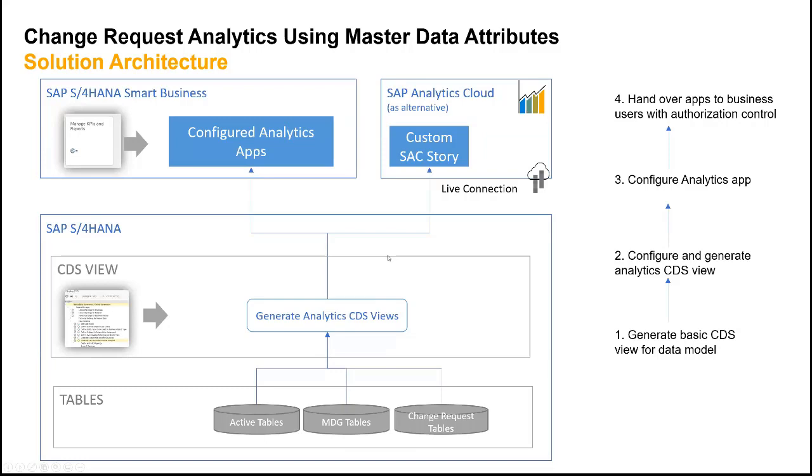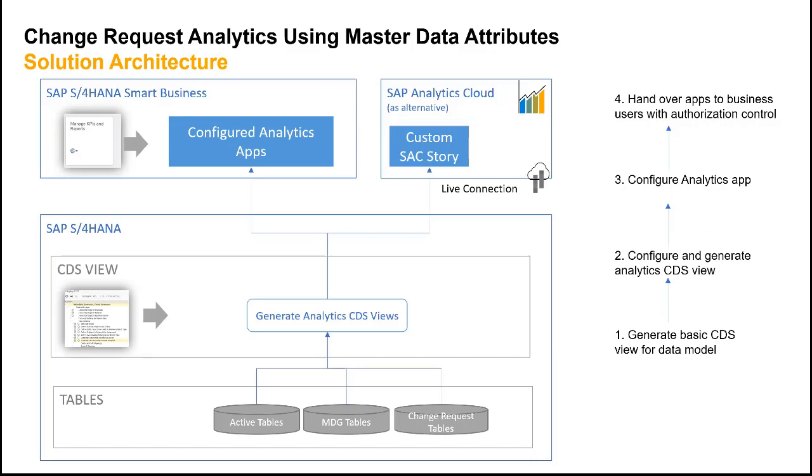Before we go to details, as I'm saying, we have enabled this capability because we don't deliver any standard app, but rather we enable your key user to configure such analytics apps. Therefore, I would like to give you some introduction about this structure.